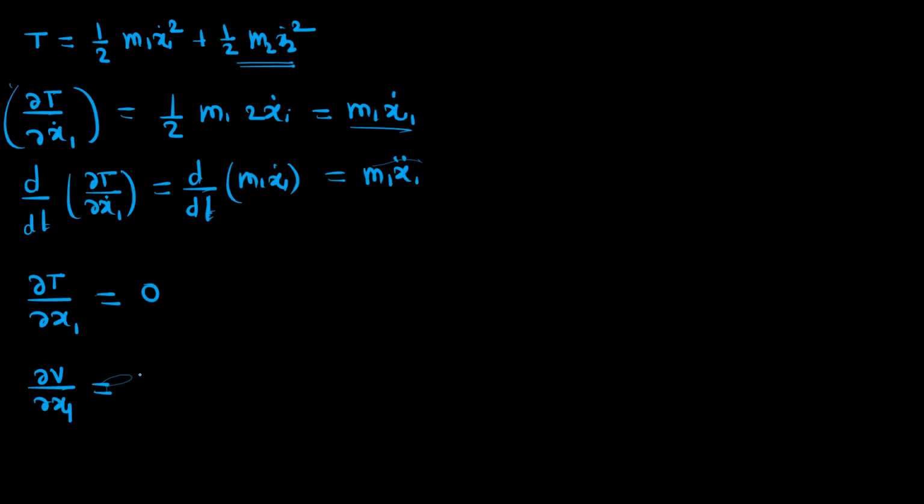Next, del V upon del x1. The V equation is 1 by 2 k1 x1 square plus 1 by 2 k2 times x1 minus x2 square.